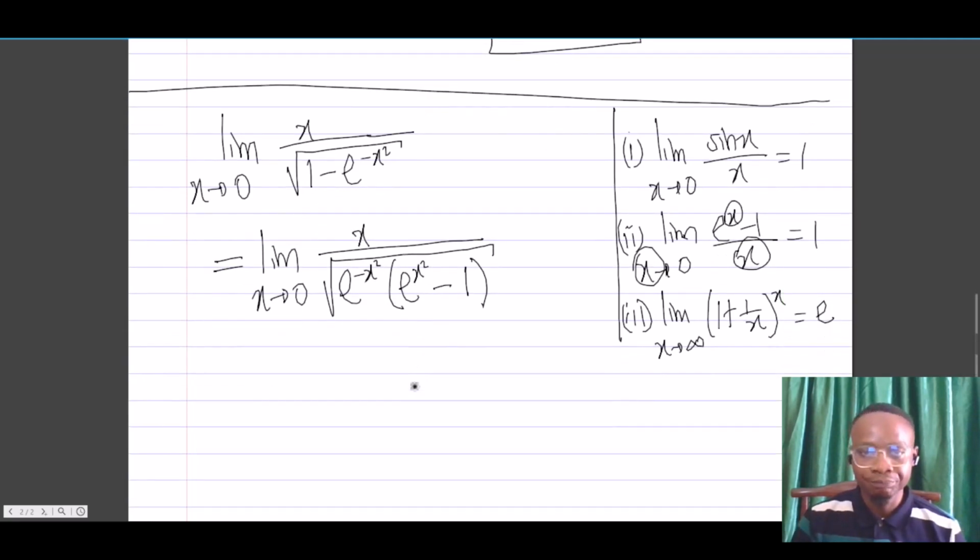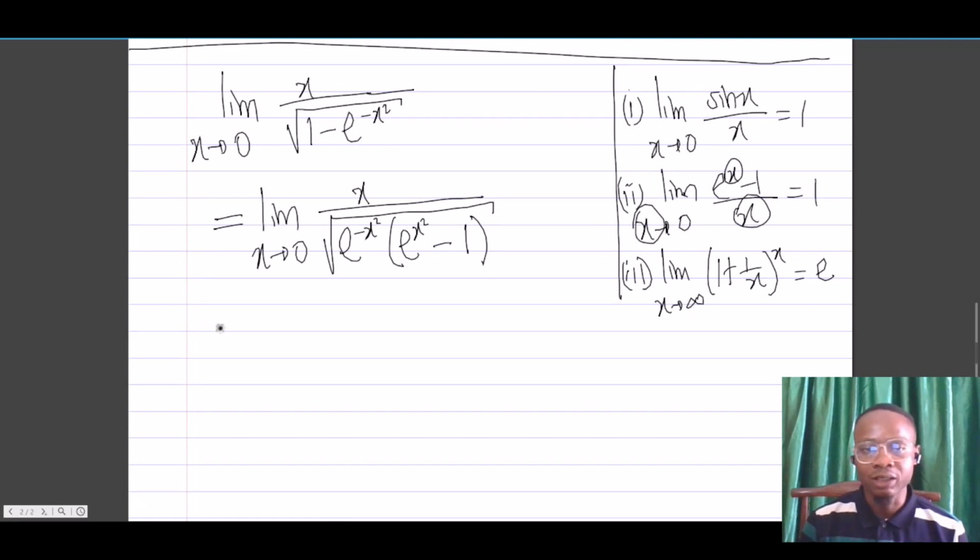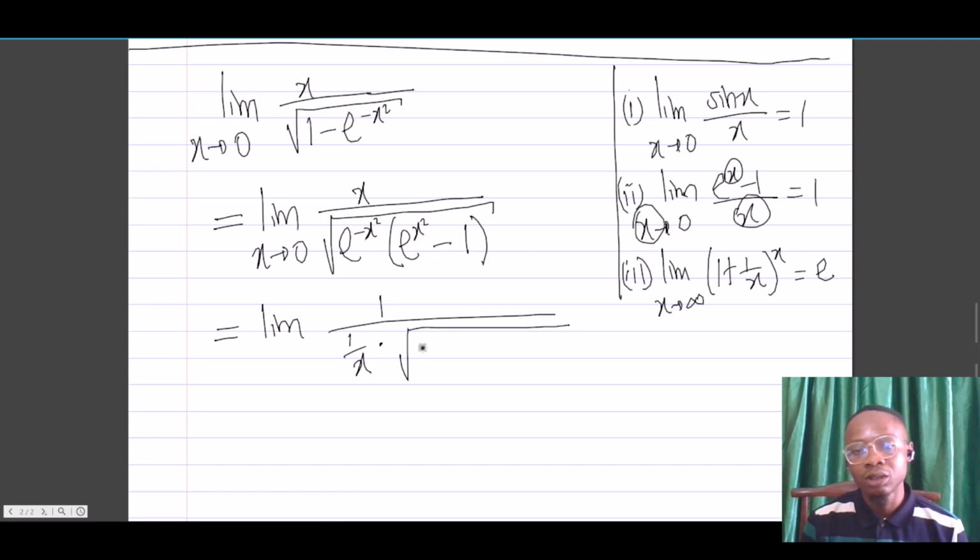We can say that this is equal to the limit of 1 over x multiplying the root of e to the power minus x squared into e to the power x squared minus 1, and we close that bracket, as x approaches 0.